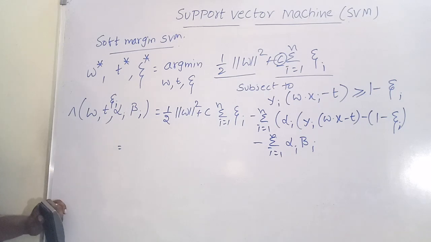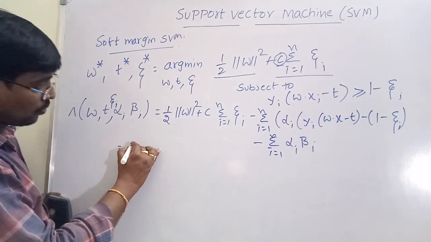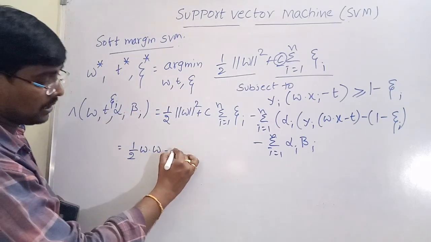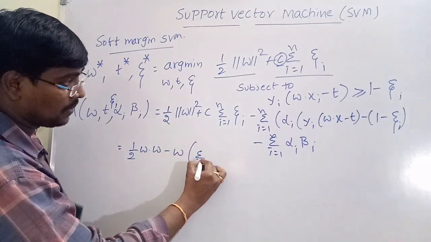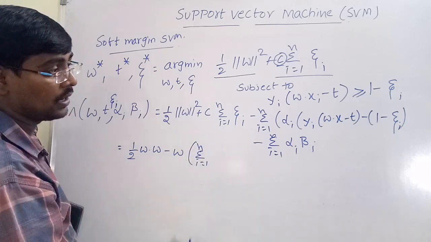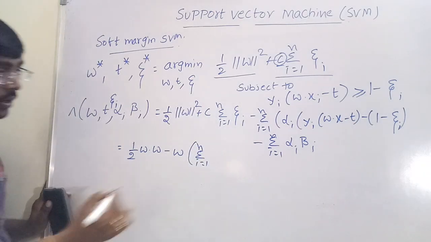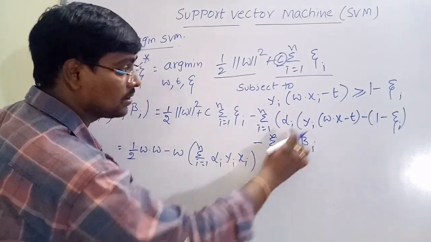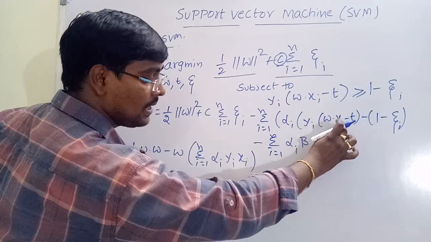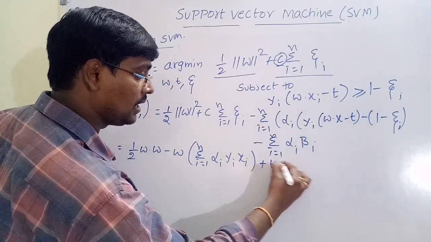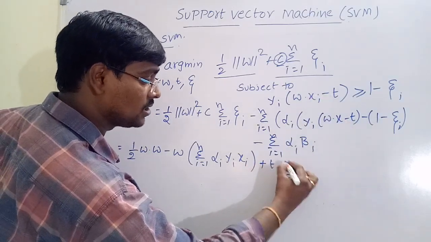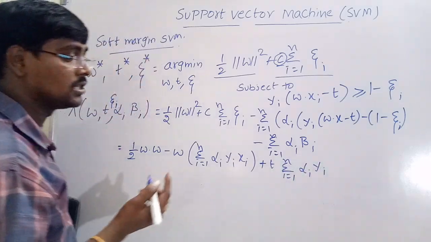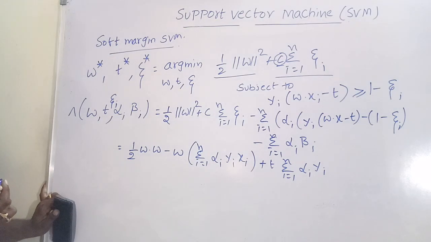By simplifying these expressions, we get 1 by 2 w into w minus w sigma i equals 1 to n alpha i yi xi, plus t into sigma i equals 1 to n alpha i yi.